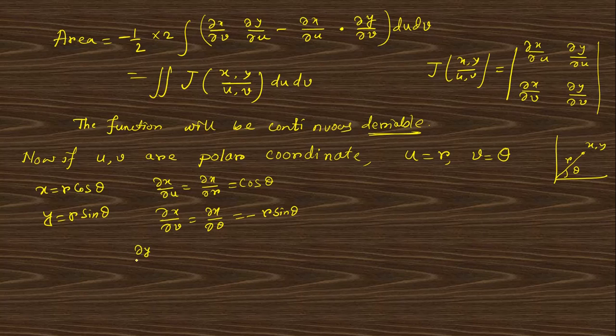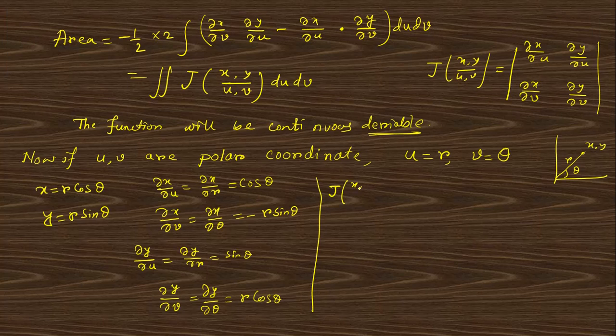And ∂y/∂u will give ∂y/∂r, this is sin theta. And ∂y/∂v, that is ∂y/∂theta. What is the value of ∂y/∂theta? That is r cos theta. Put here.